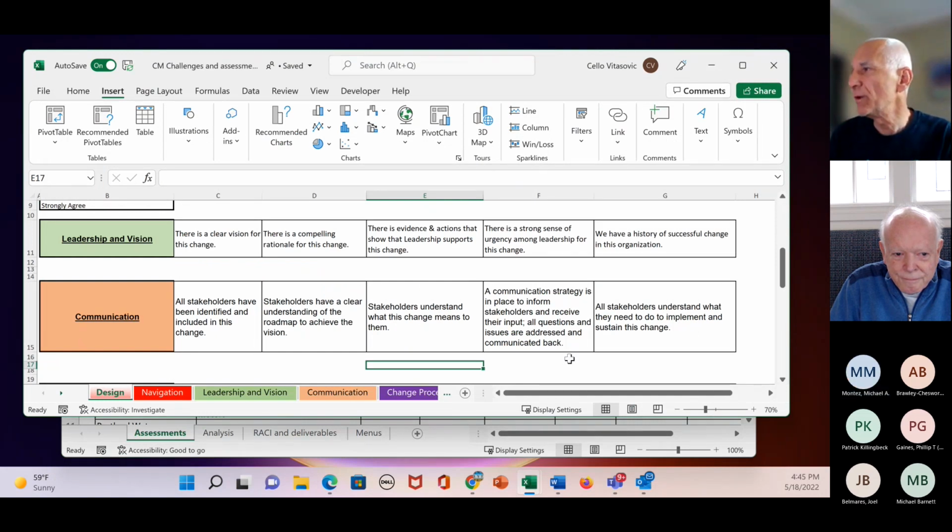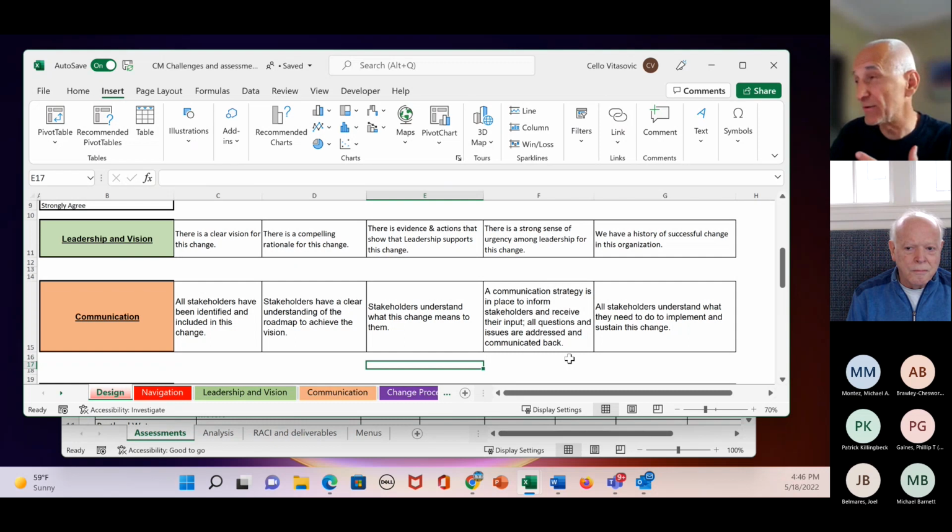So this is for communication, and if you can see this clearly, it's whether we've identified and included these stakeholders, whether they have a clear understanding of the roadmap, whether they understand what this change means to them individually, and whether the communication strategy is in place to inform stakeholders and receive their input.